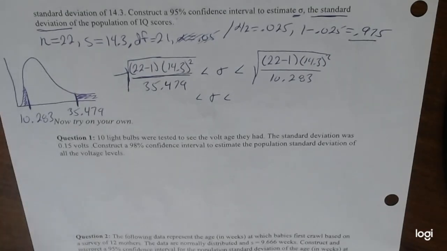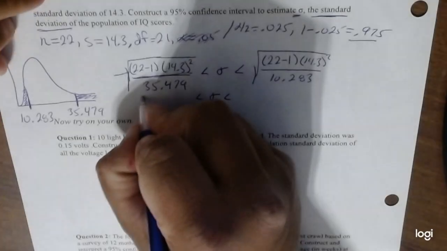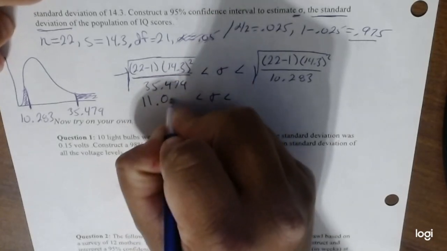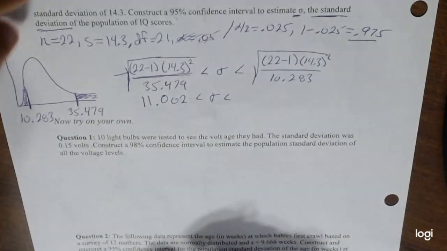So, 22 minus 1 is 21. So 21 times 14.3 squared. And then divide that by 35.497. And then finally taking the square root of that number, hopefully you get 11.002. Okay.